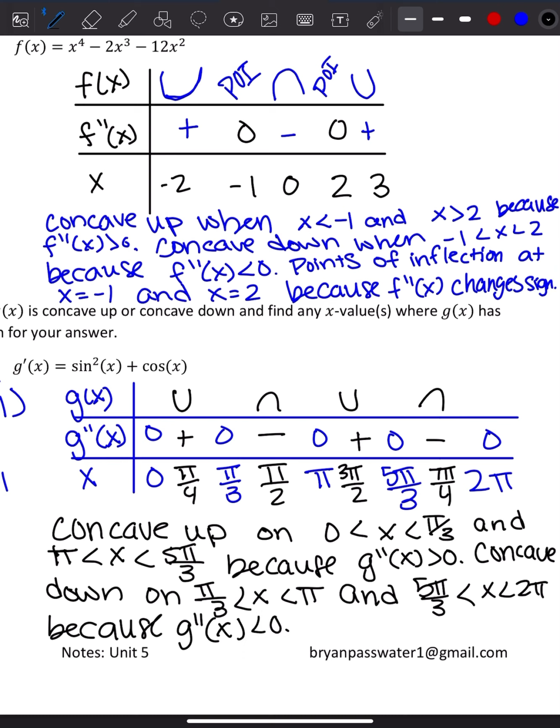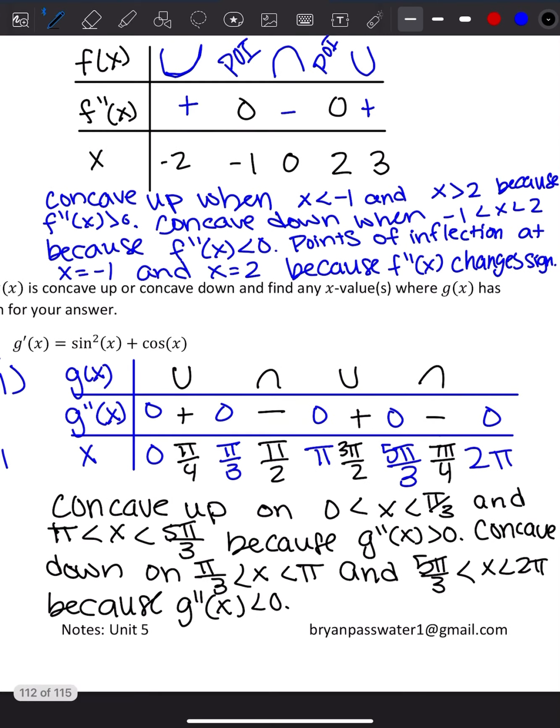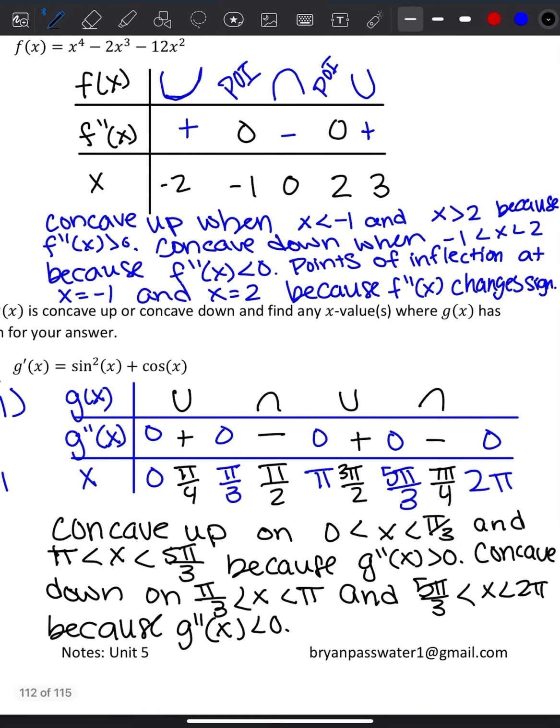And our points of inflection happen at pi over 3, pi, and 5 pi over 3.